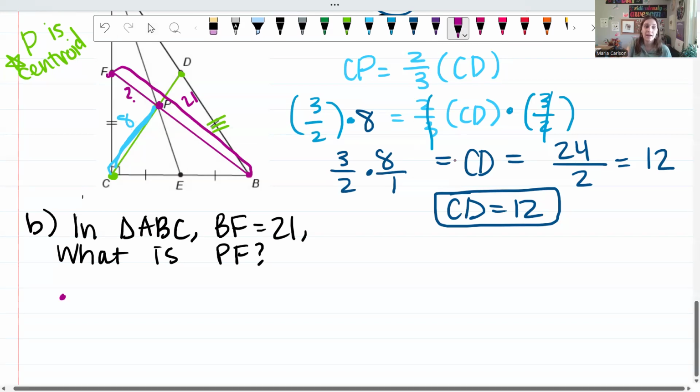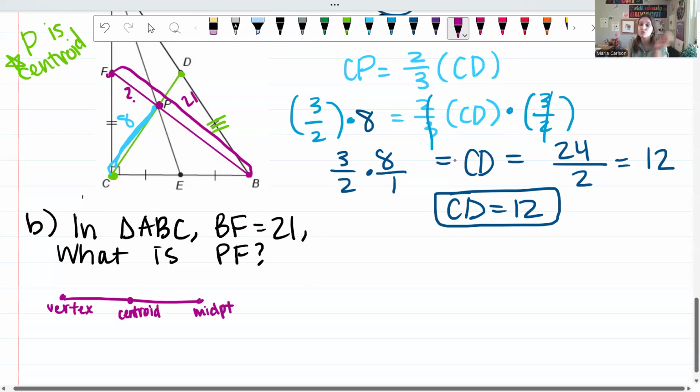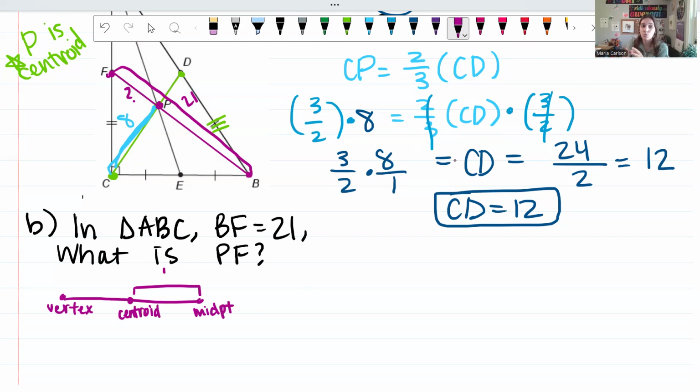When we have our vertex and our centroid and this other midpoint on the opposite side, the centroid is 2/3 the way down. So from centroid to midpoint, that is 1/3 of the total distance. So I can say here that the little piece, PF, is 1/3 of the entire segment, BF.